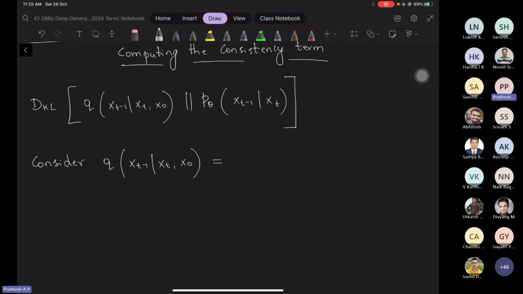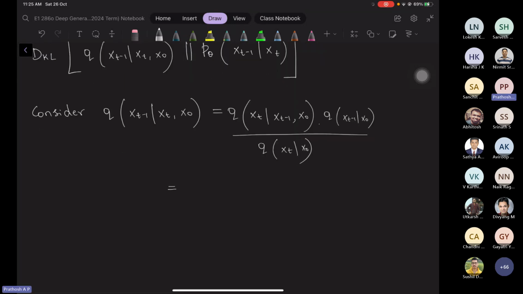Let's use Bayes law. This q of xt given xt minus 1 and x naught, times q of xt minus 1 given x naught, divided by q of xt given x naught. This is Bayes law. Okay.